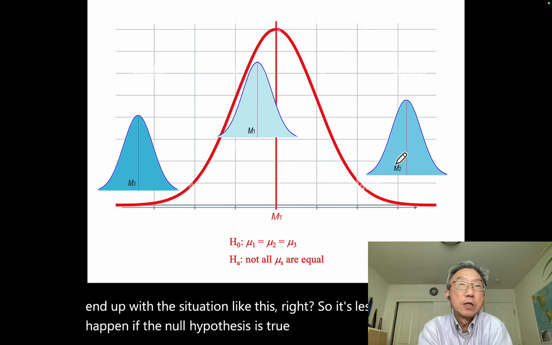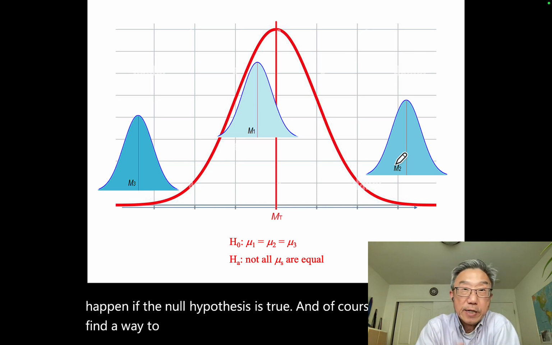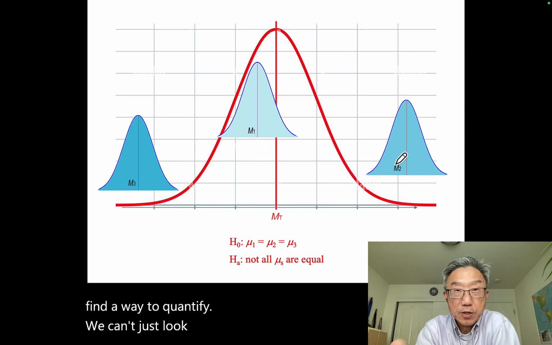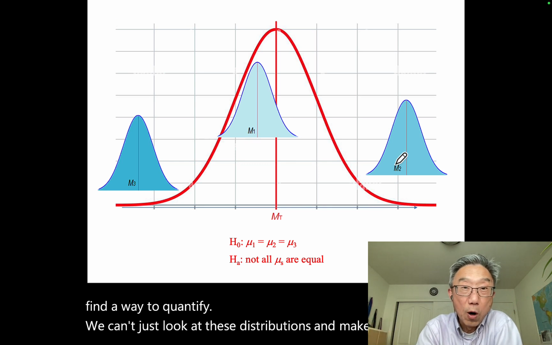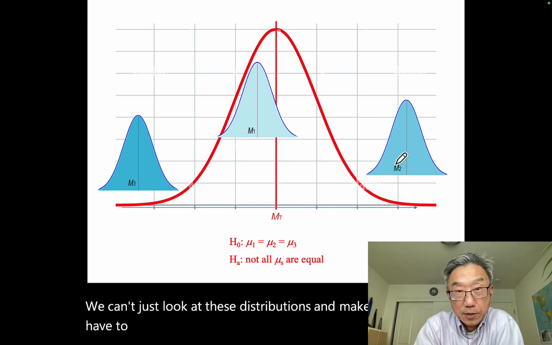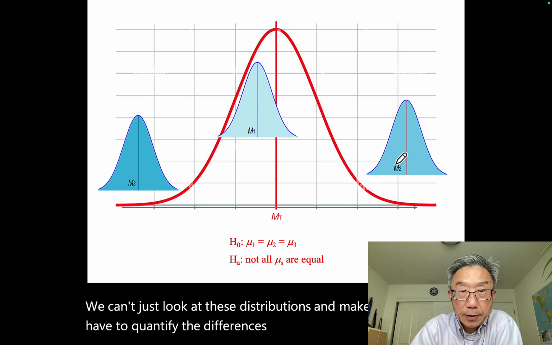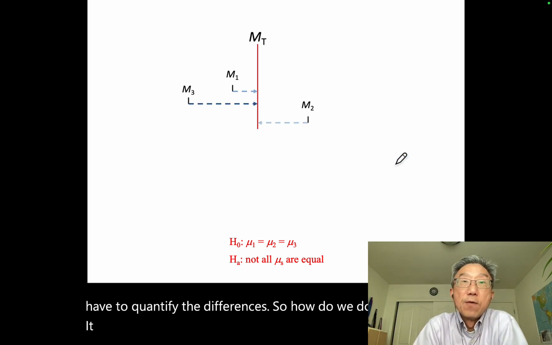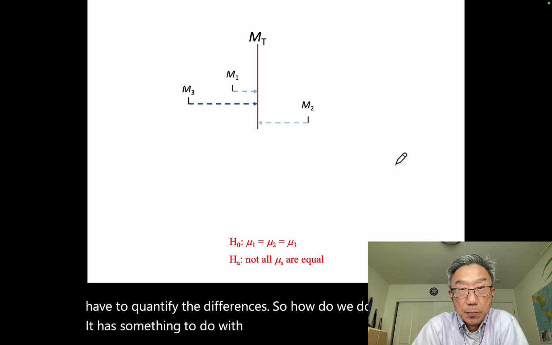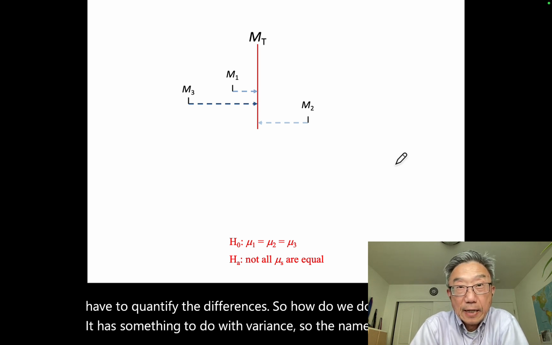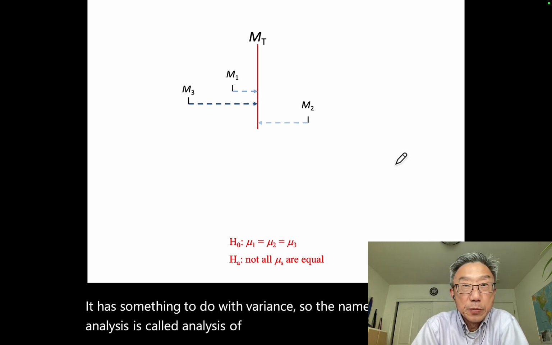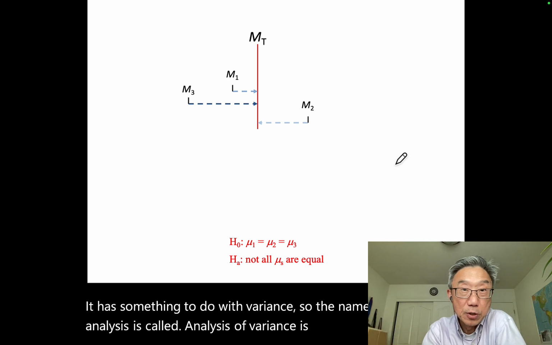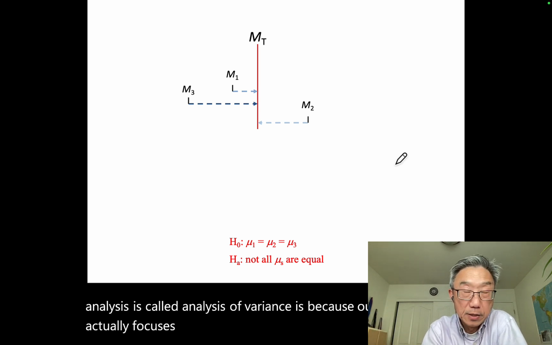And of course, we need to find a way to quantify. We can't just look at these distributions and make a decision. We have to quantify the differences. So how do we do that? Well, it has something to do with variance. The name, analysis of variance, comes from the fact that our analysis actually focuses on variance.